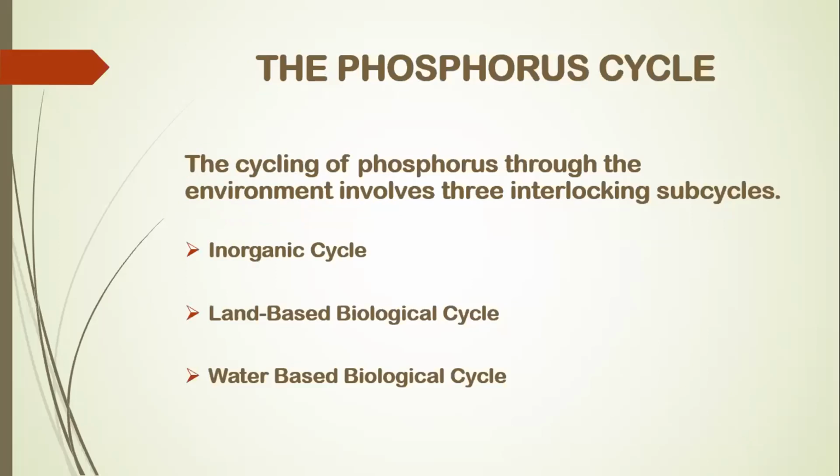The phosphorus cycle. The cycling of phosphorus through the environment involves 3 interlocking subcycles: the inorganic cycle, land-based biological cycle, and water-based biological cycle.